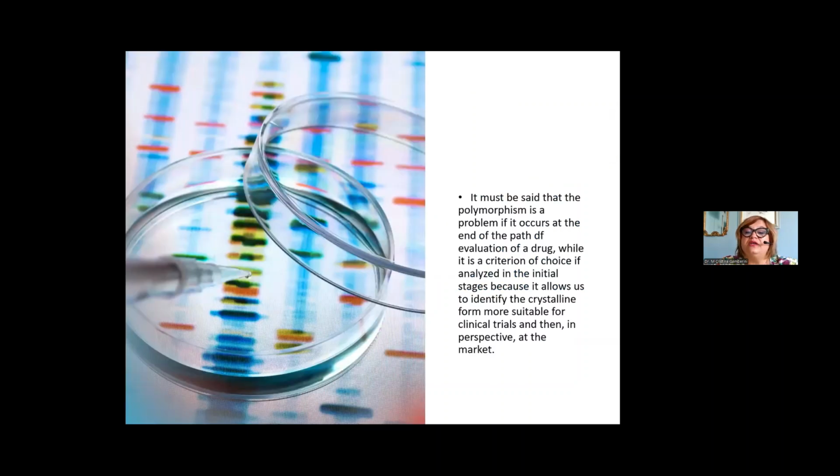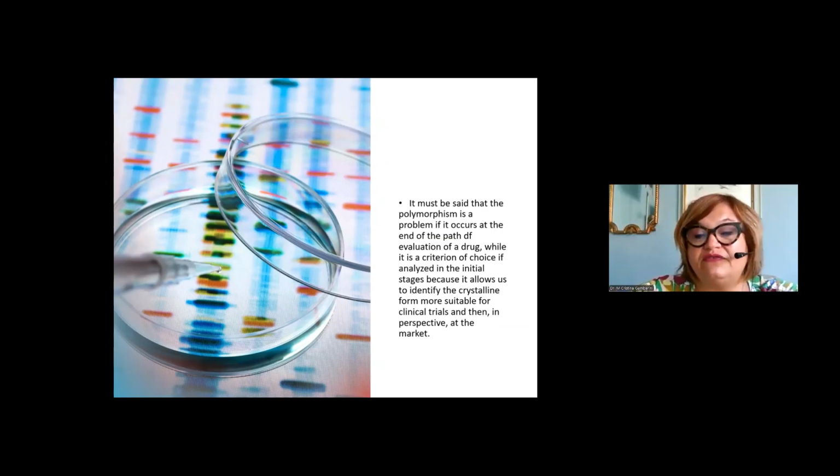So what we started once upon a time, we decided to start at first to study polymorphism, because one pure substance can modify its structure into different structures and create different polymorphs, and so a different therapeutic effect of the drug. So you can understand how important it is to have that drug and not the other one, not a mixture.